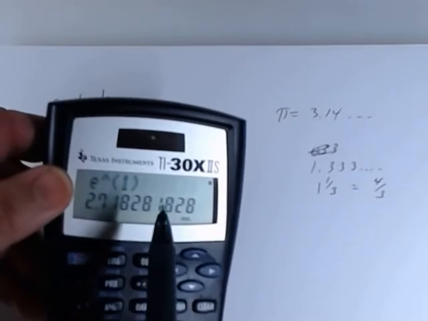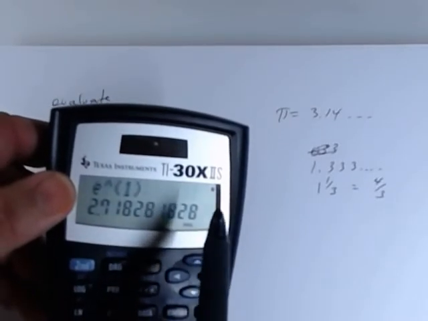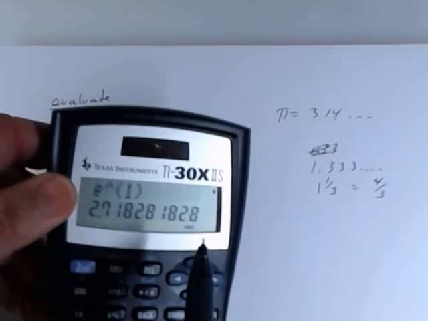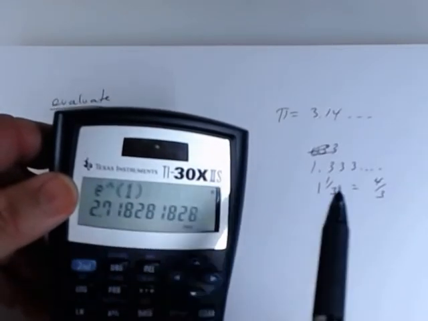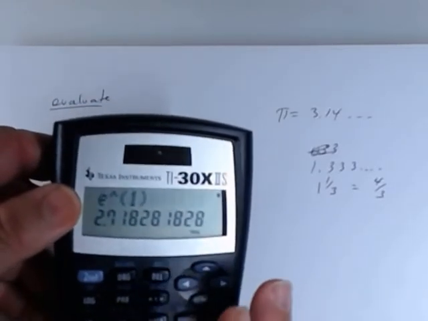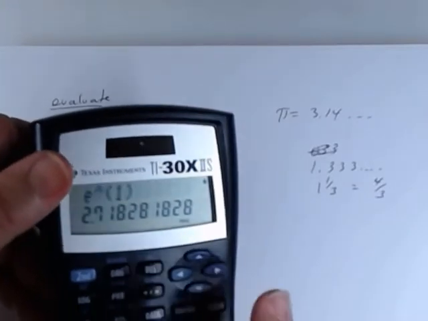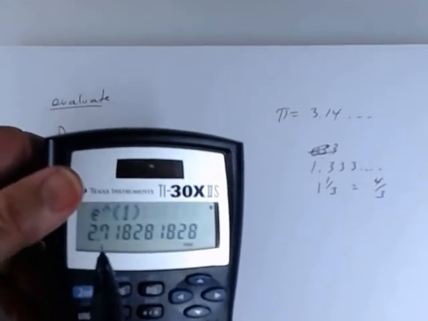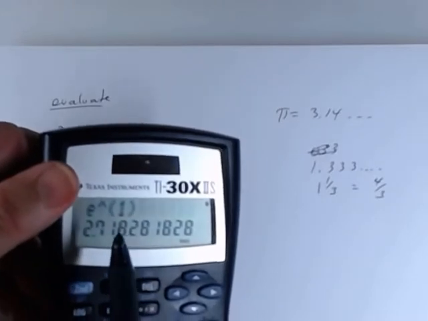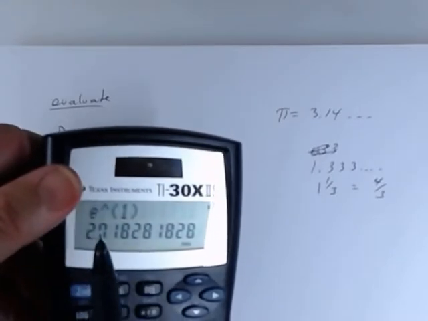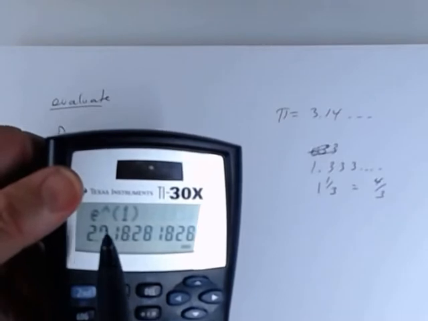It's not though, because you don't see what these are. Okay, so it's not 1828, 1828, 1828. All right, so it's an irrational number. So we approximated though.